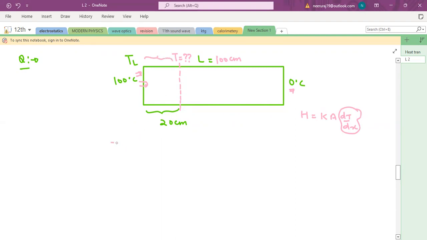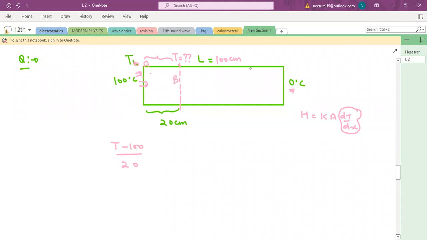This is T. Remember, children, we always write temperature gradient as low minus high: T minus 100 divided by 20. This is the temperature gradient between point A and point B.